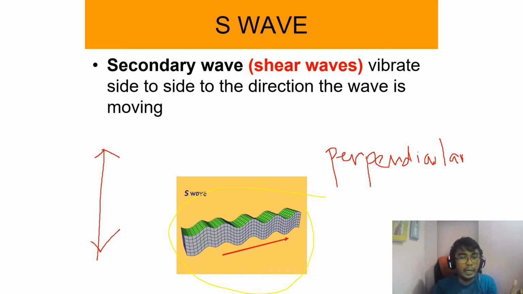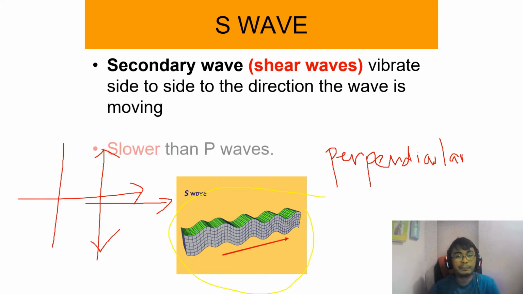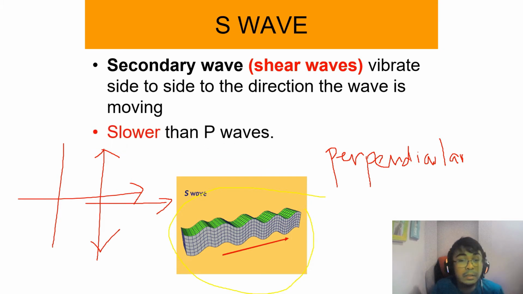So the propagation proceeds on that direction. Okay, so again, the vibration is perpendicular to the direction of the wave, and that's what we call secondary wave. Now, this wave is slower than P waves. Mas mabagal siya. Kaya nga siya tinawag na secondary.